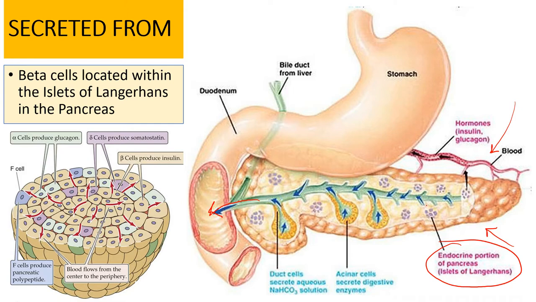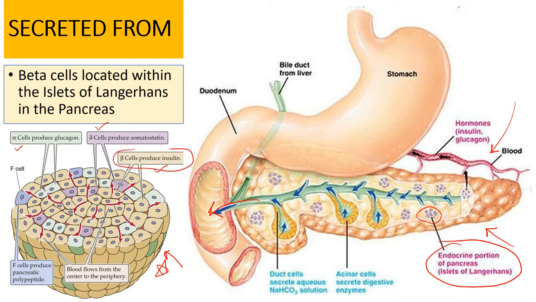So if you take one of these islets of Langerhans and kind of blow it up, you get this picture over here. And within that, you have many hormone secreting cells. You've got the alpha cells, which secrete the hormone glucagon. You've got delta cells, which secrete the hormone somatostatin. And you've got beta cells, which secrete the hormone insulin.